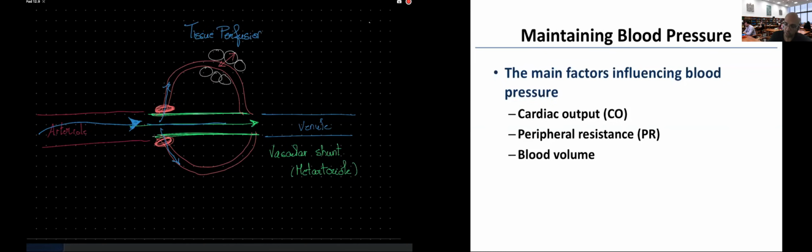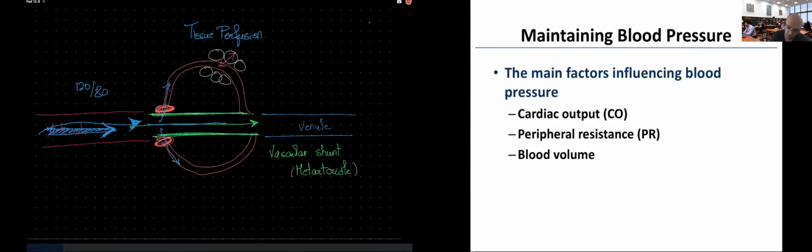So in order for me to assure that I have enough tissue perfusion, the blood here needs to travel at a certain force, creating a specific blood pressure, which is on average 120 millimeter mercury during ventricular contraction and 80 millimeter mercury during ventricular relaxation.